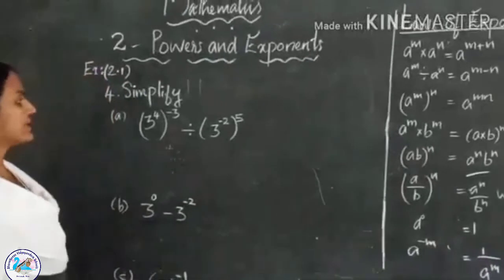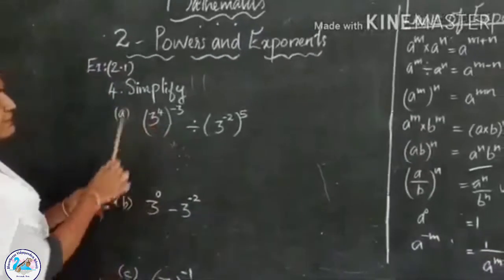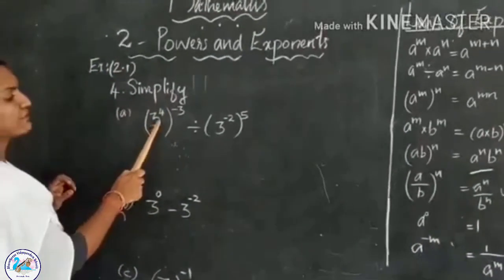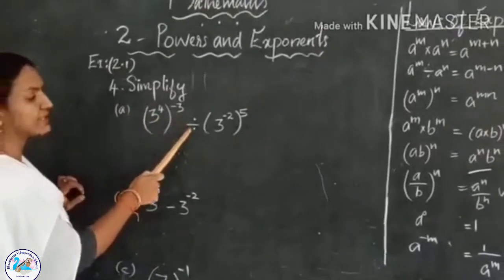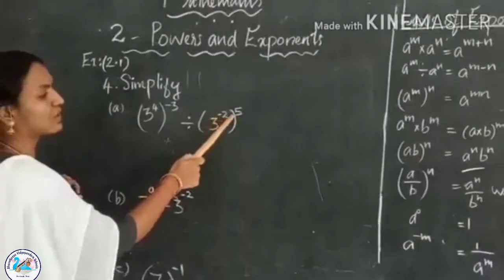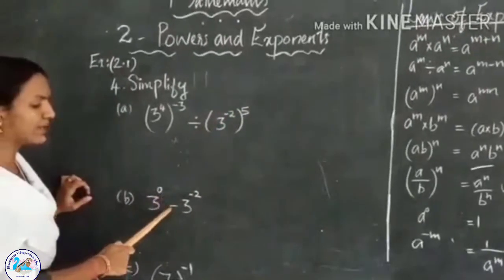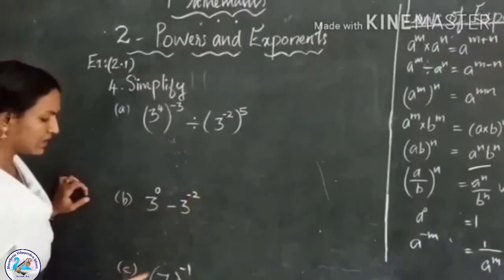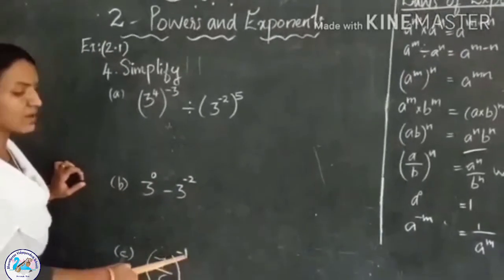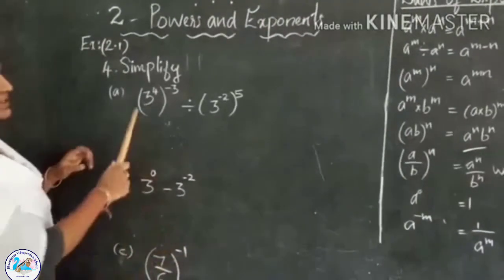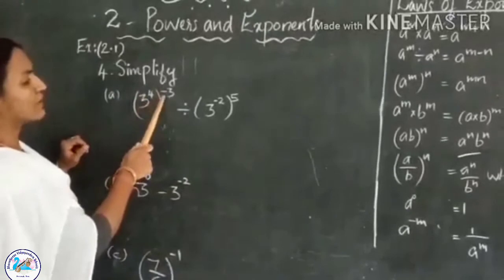Next question. Number 4. Simplify 3 power 4 the whole raised to minus 3 divided by 3 raised to minus 2 the whole power 5. Second question. 3 raised to 0 minus 3 power minus 2. Third one. 7 by 6 the whole power minus 1. The first one, 3 power 4 the whole raised to minus 3.